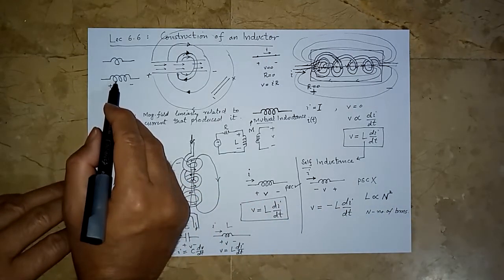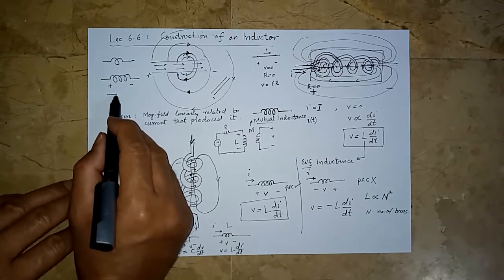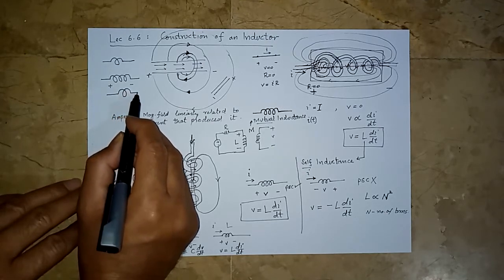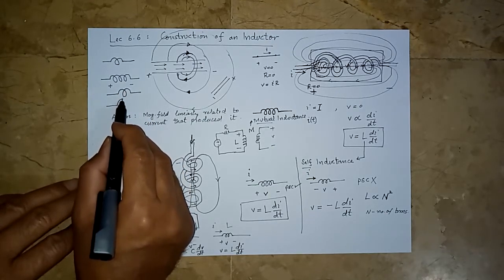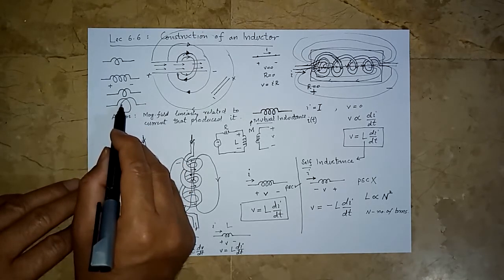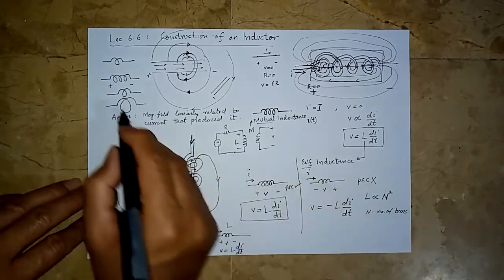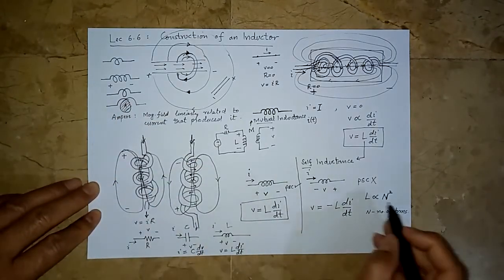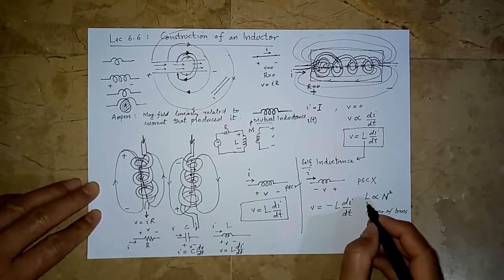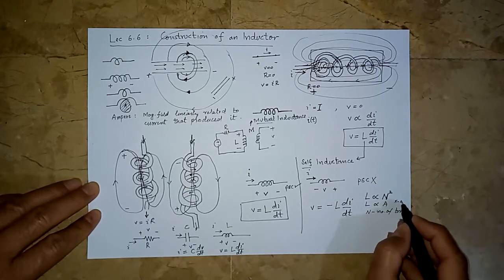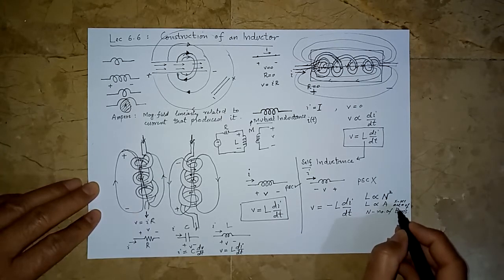And you can easily sense that if we have a coil that has a small number of turns and a coil that has a large number of turns, we are going to experience a larger inductance for this case. Also, inductance is proportional to the cross-sectional area of the helix, the solenoid.